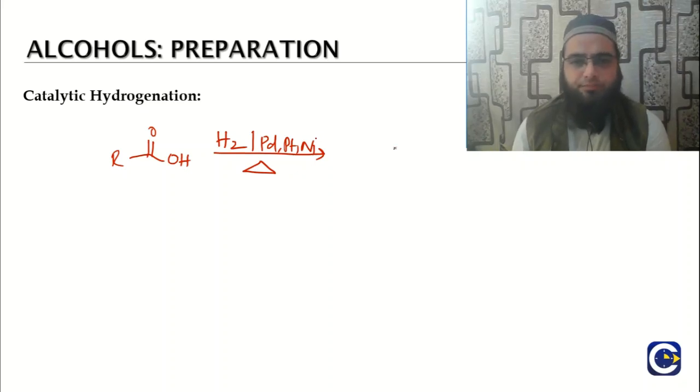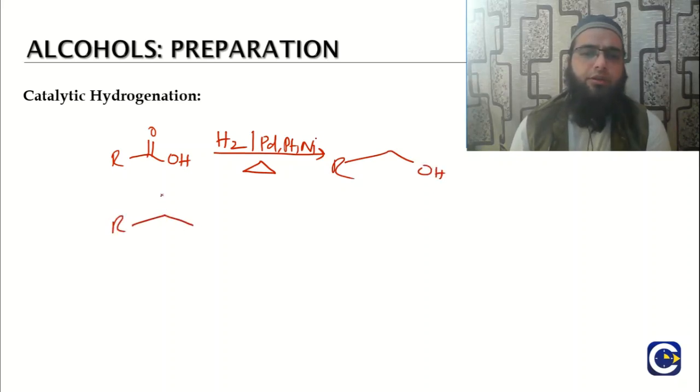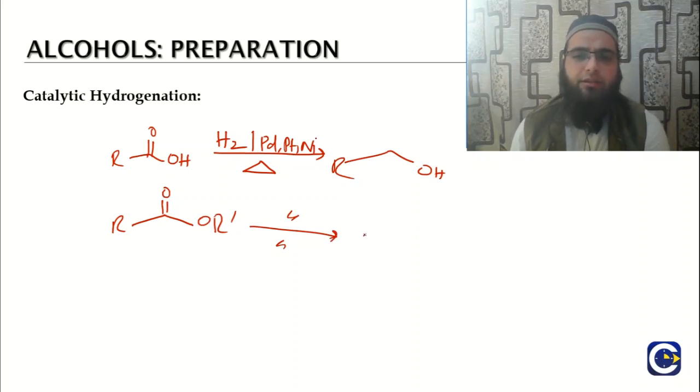Then we can get the required alcohol. We can also catalytically reduce esters with the same reagents and heat, and in this reaction we get two alcohols.